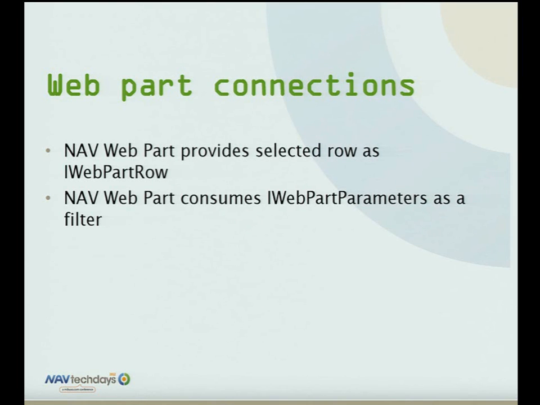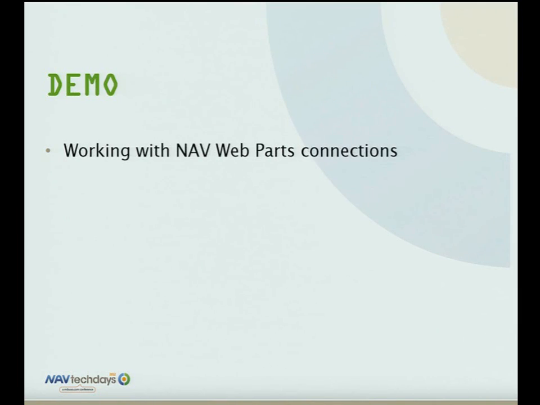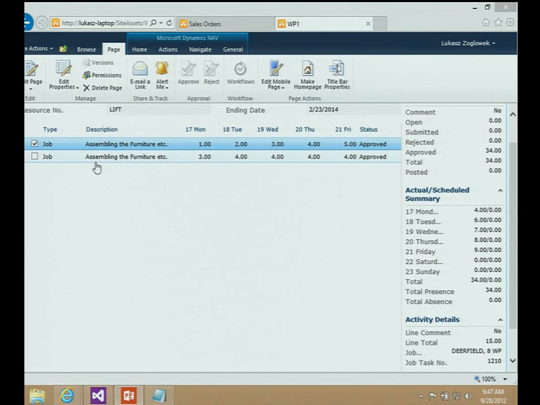And for consuming, we use web part parameter, which is used as a filter. So I think it's the easiest to show you as an example how it works. I will show you the example based on 2 custom web parts that I created, and I can share the source code with you after the presentation.